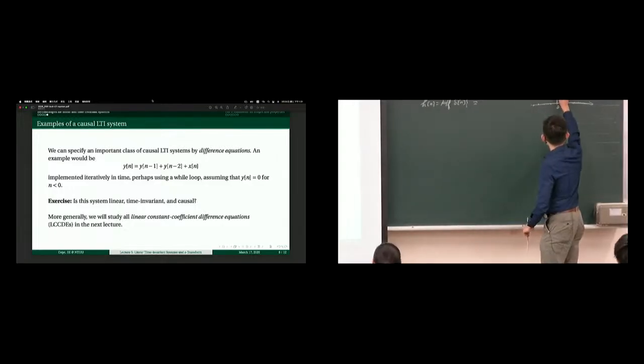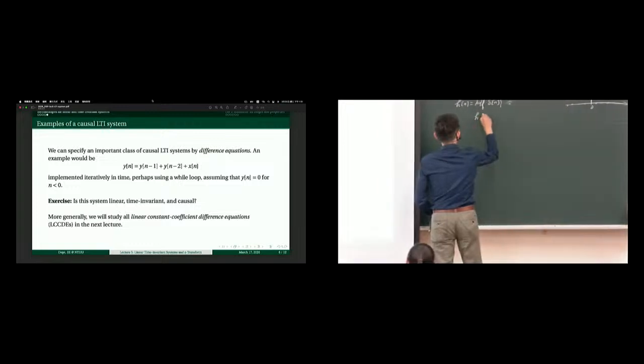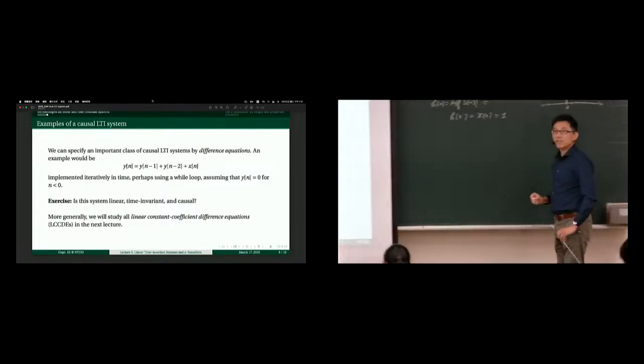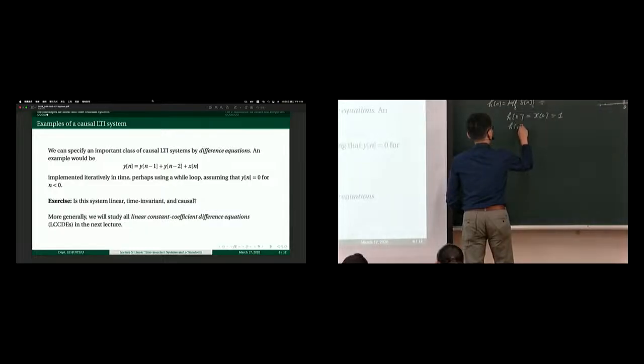So if x[0] is 1, then h[0] equals x[0] equals 1, right? Now, how about h[1]? What does h[1] equal?